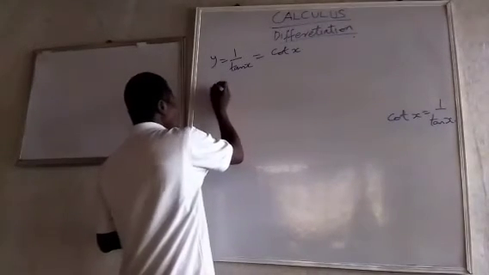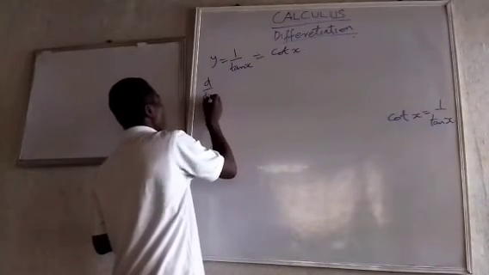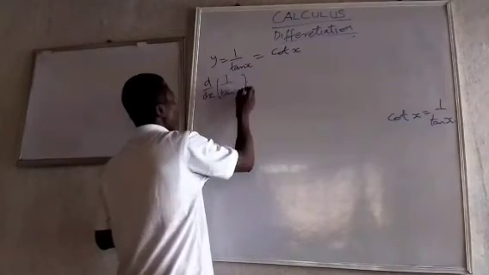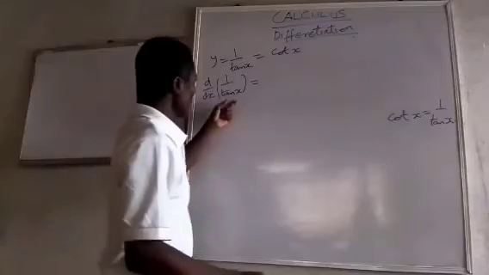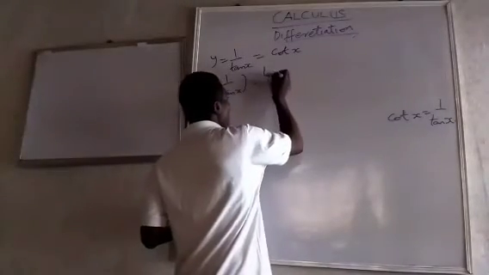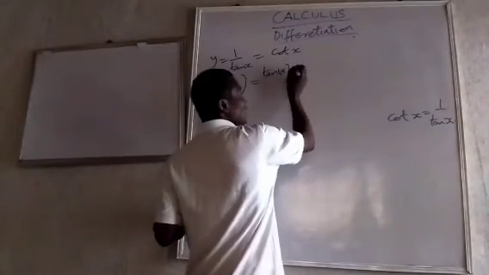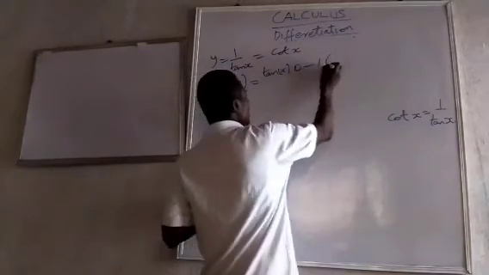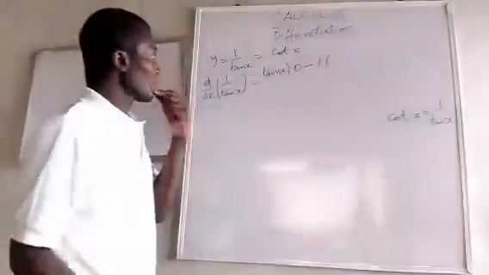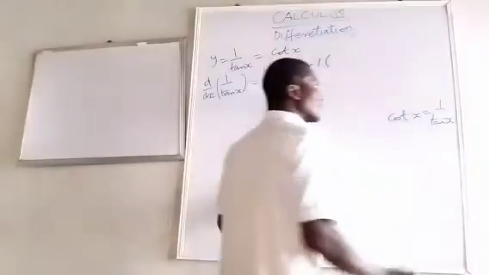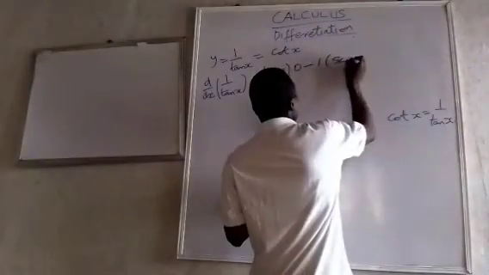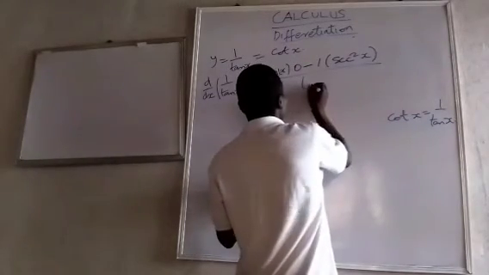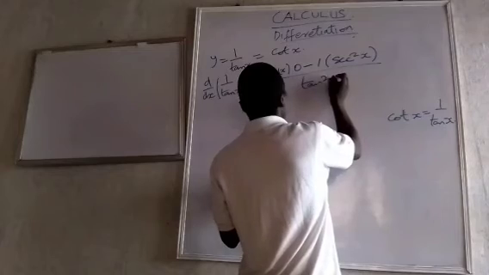We are going to have tan x times 0, minus 1 times the differential of tan x, which is sec square x, divided by tan square x.